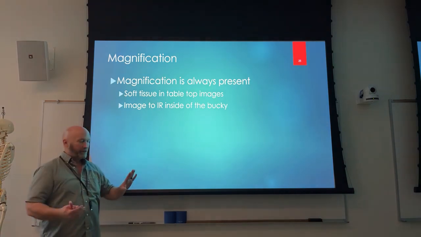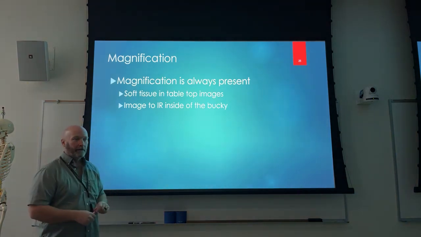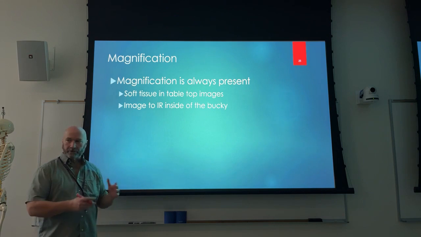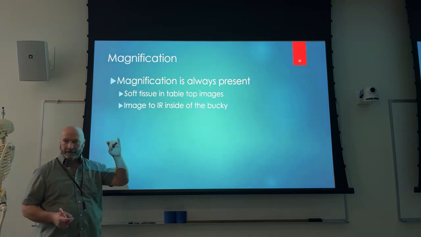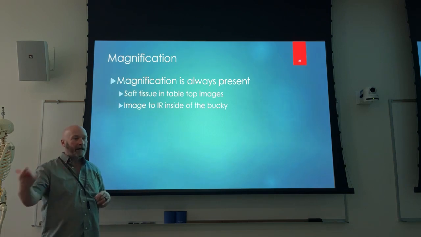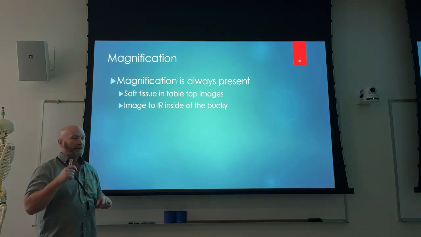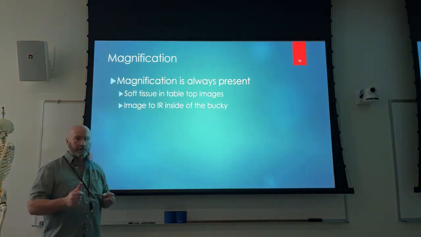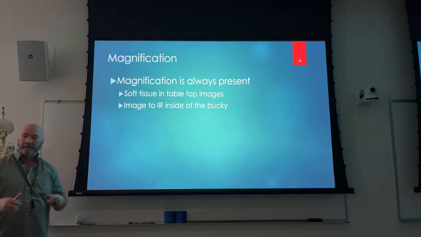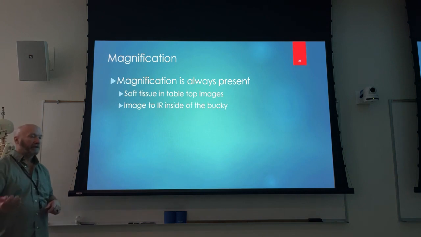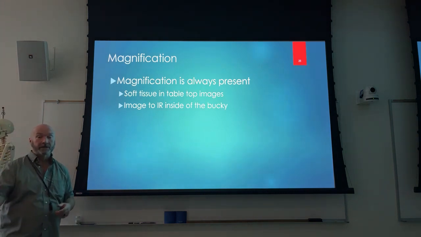Even if you're shooting upper extremities, very thin, right? The bone is what we're looking at, and that's inside of the tissue. So you're always going to have some magnification. Your image size is always going to be larger than your object size, even if it's only a 1% magnification, it's still going to be there.